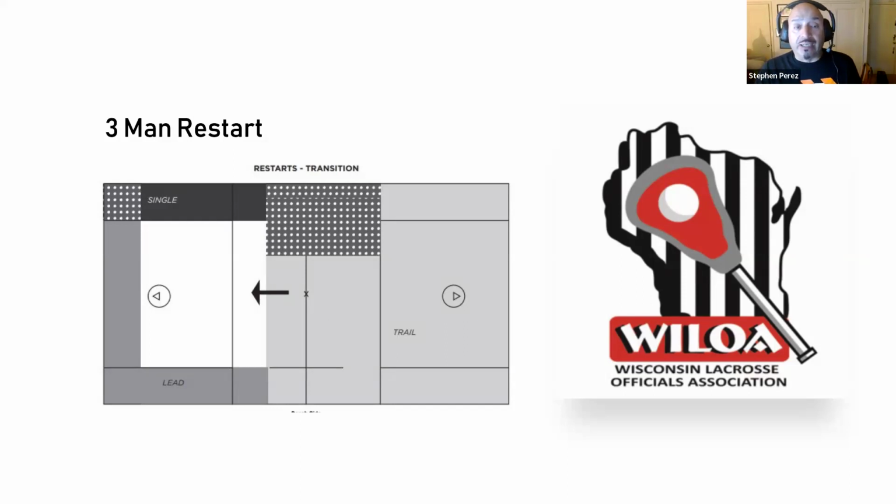Because not all of us work three-man a lot, we get the double whistles. Let's try to avoid those as much as we can, and we can best prevent those by having a good pregame conversation and also being clear in our signals. If two people have their hand up, like I'm ready to go, one of them needs to defer and then point that they're ready. But pause to recognize, is the crew ready?